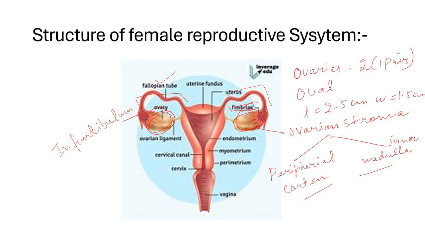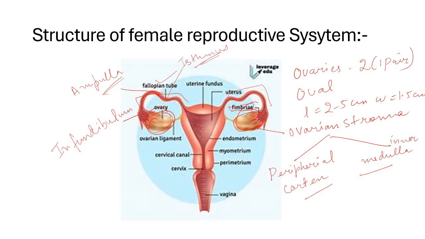Now, there are two regions: one is known as the ampulla, and the other is known as the isthmus. Why have we mentioned these two structures?